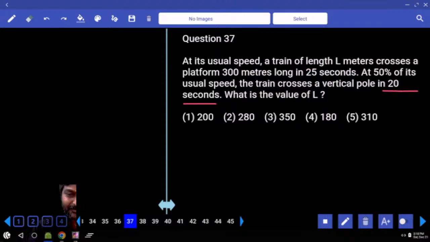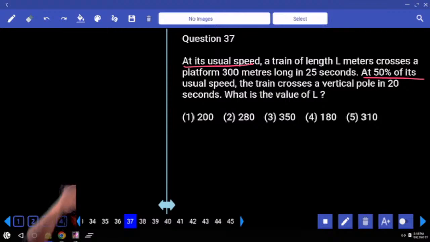Second case, 20 seconds. But observe carefully, does speed is same in both the cases? No. In first case, it is traveling with its usual speed only. But in second case, it is traveling with less speed, right? If it is traveling with less speed, will it take more time or less time?